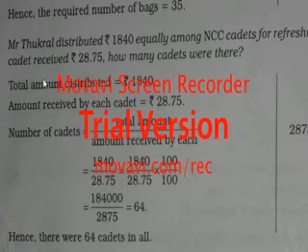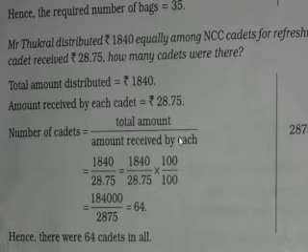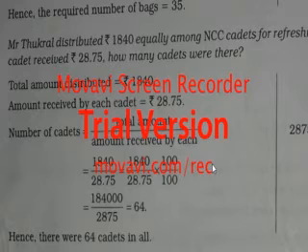So the number of cadets is equal to total amount by amount received by each. So the total amount is 1840 and the amount received by each is 28.75.